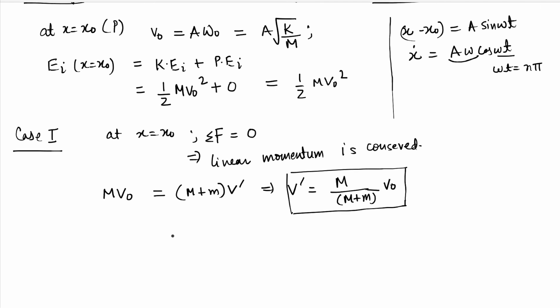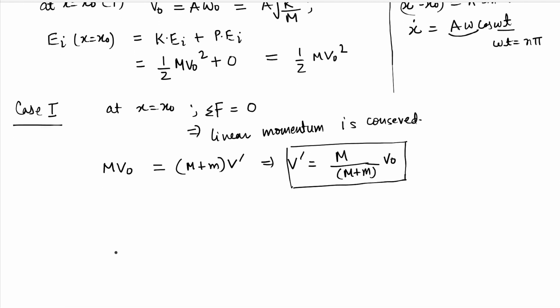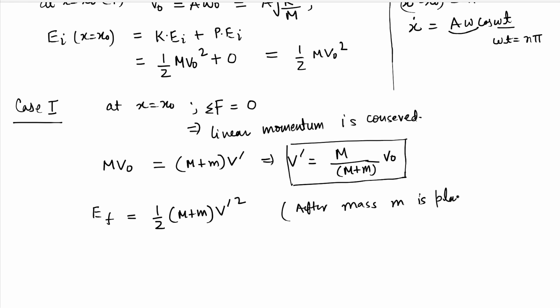Okay. So if this much is clear, then let's see what is the final energy. So energy final will be half m plus m v prime square. And we are saying energy final means after mass m is placed on m, right?